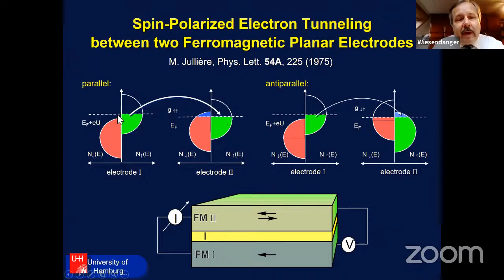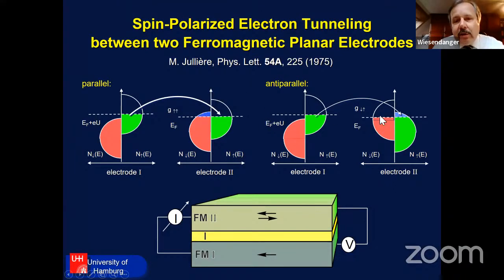In this situation where we have no spin down electron states available, as you will have typically for a so-called half metallic ferromagnet, which we were using in fact for the very early experiments, then of course you do not have a contribution from the spin down electrons tunneling. Now, if you change the magnetization of your second electrode, which is this top electrode now, you have a mirror symmetric situation.